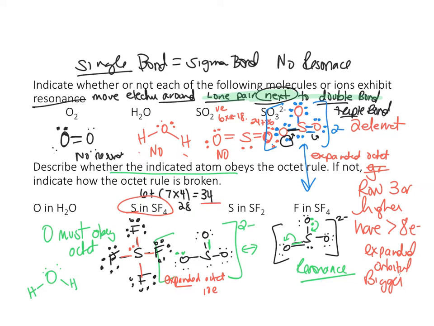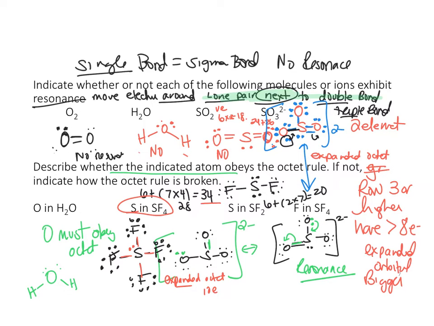What about SF2? So we can do this, and you know you're going to have fluorine like this. Now let's count them up. 6 plus 2 times 7. So that's 14 plus 6 is 20. We have 8 times 2 is 16, 17, 18, 19, 20.